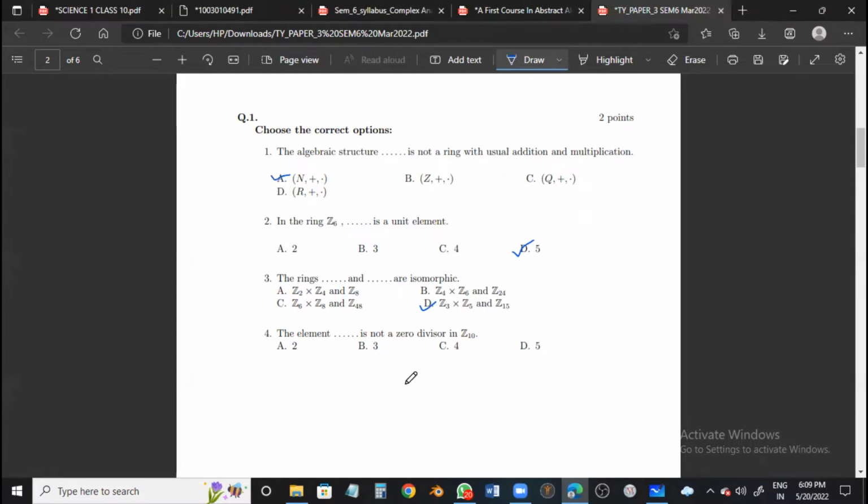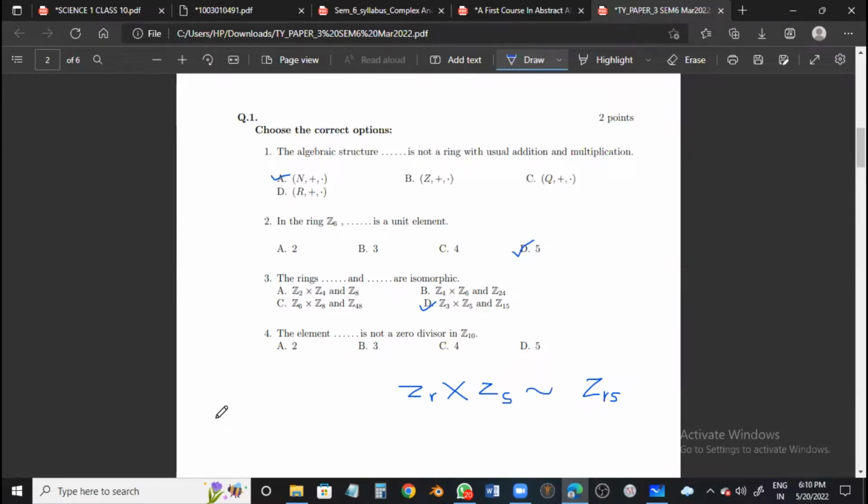We have already seen that if R and S are relatively prime, then Z_R cross Z_S is always isomorphic to Z_RS, provided R and S do not have anything in common. In this case, 2 and 4 were not relatively prime. 4 and 6 are not relatively prime. 6 and 8 are also not relatively prime. So the correct answer is Z3 cross Z5.